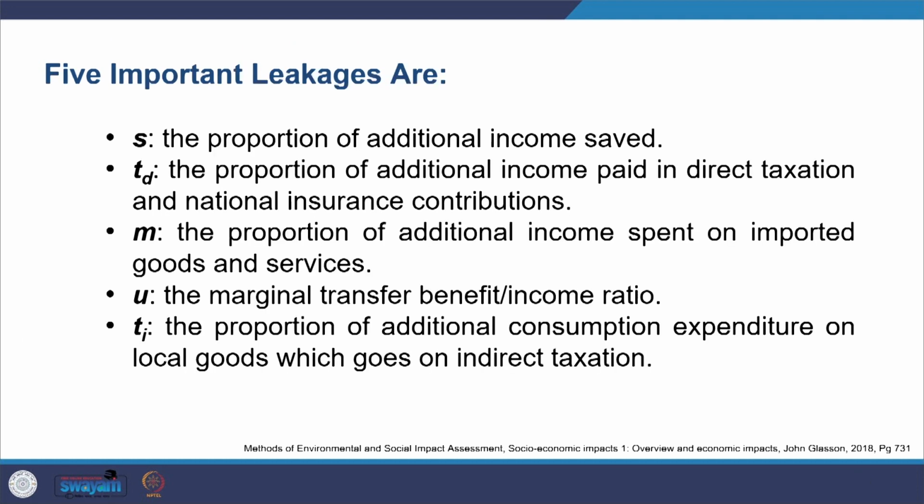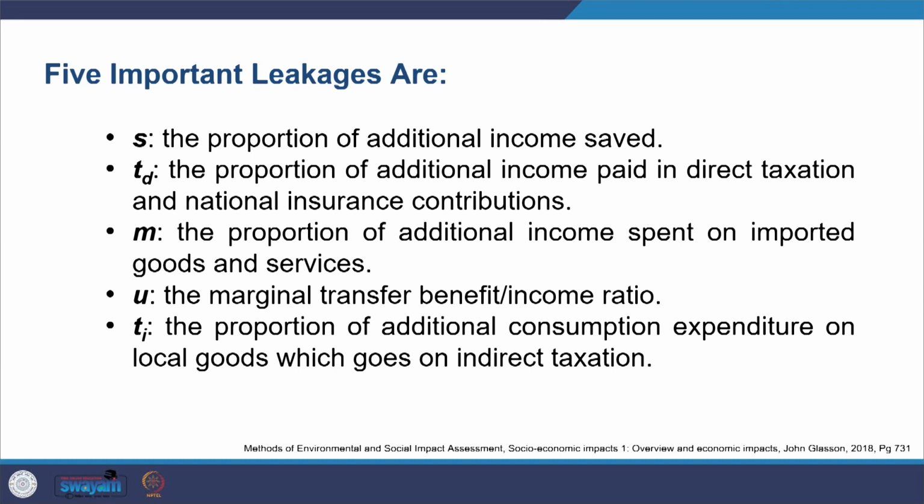There is the proportion of additional income saved, so people will not really spend, they might save. Then a proportion of additional income paid in direct taxation, as taxation would increase. Proportion of additional income spent on imported goods, so they might not really buy things from the local economy but get imported goods.